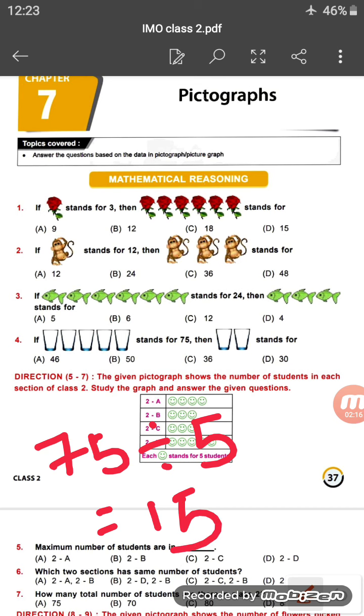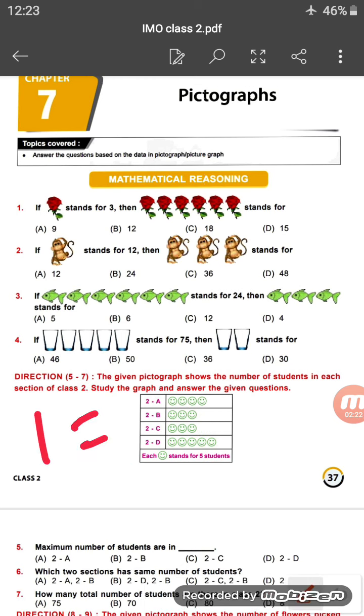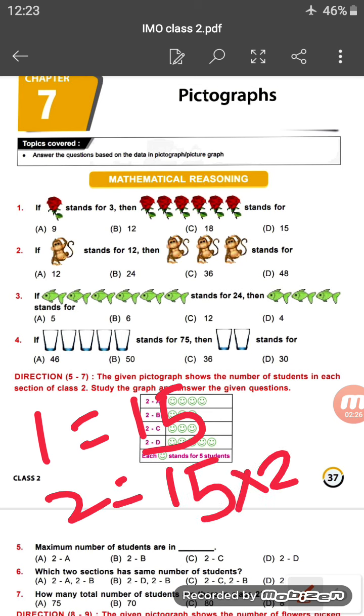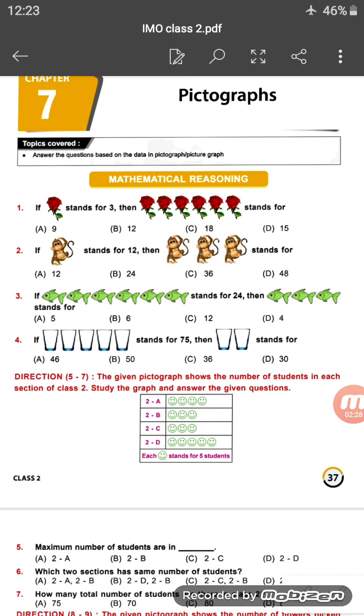So 2 stands for 15 plus 15, or 15 into 2, so that is 30. Option number D.